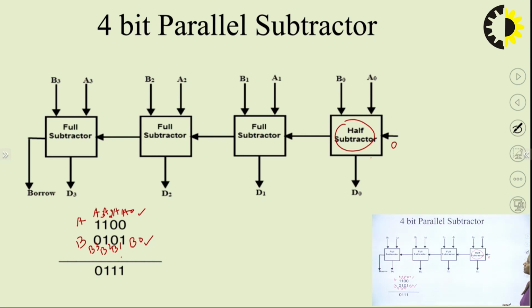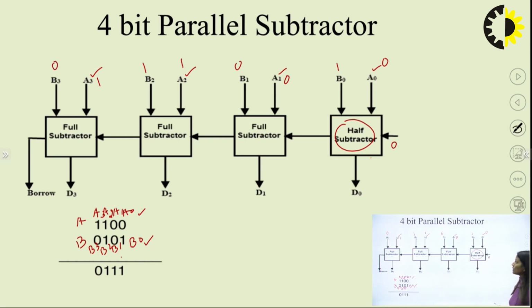So here I will input my numbers as A0, A1, A2 and A3: 0, 0, 1 and 1, and B0, B1, B2, B3: 1, 0, 1, 0.